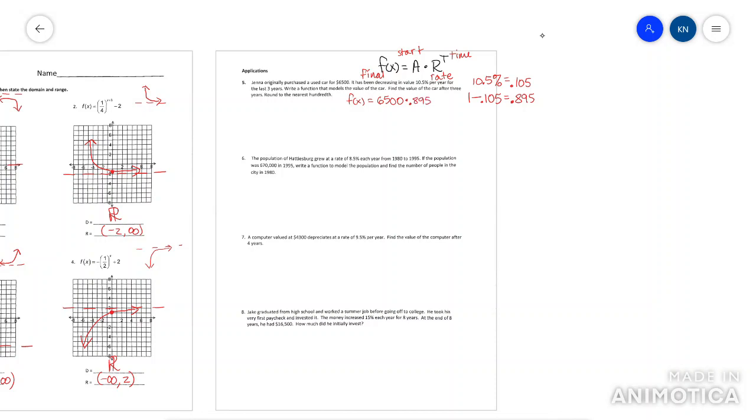And then to the power of t, the t is time, and they tell you 3 years. So if you punch this in the calculator, 6,500 times 0.895 to the power of 3, you get $4,659.96. They say round to the nearest hundredth. That's 2 decimal places.